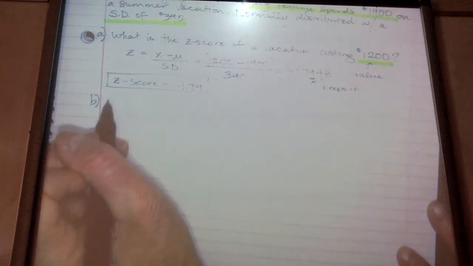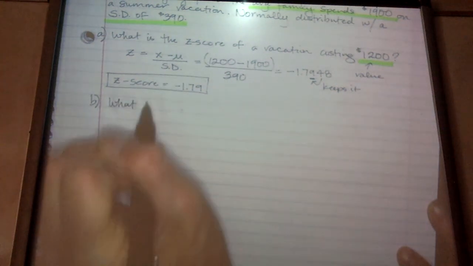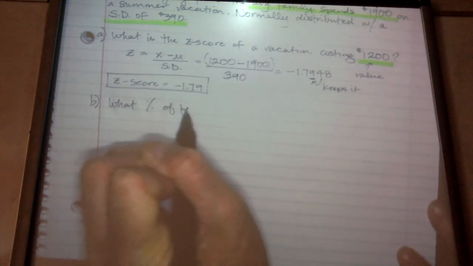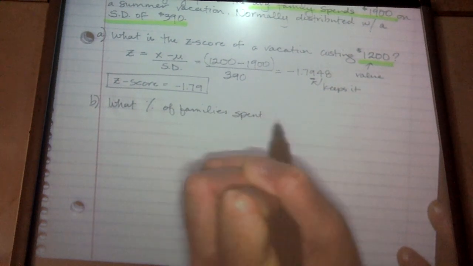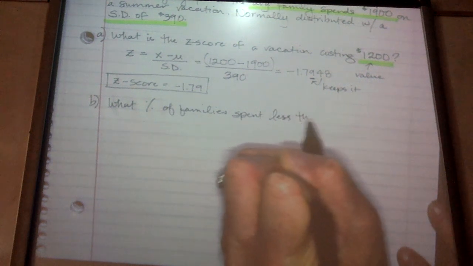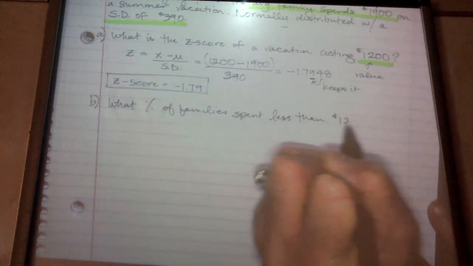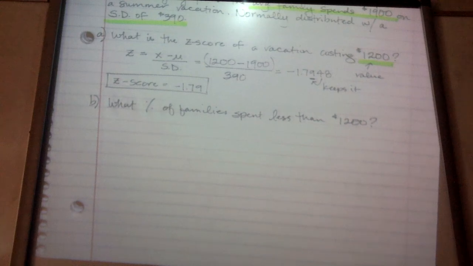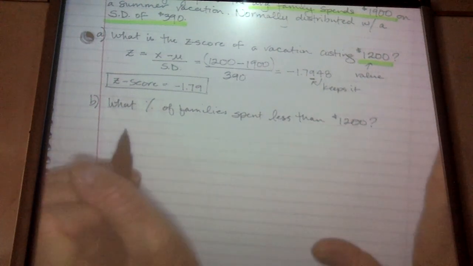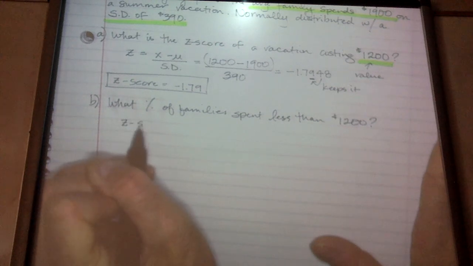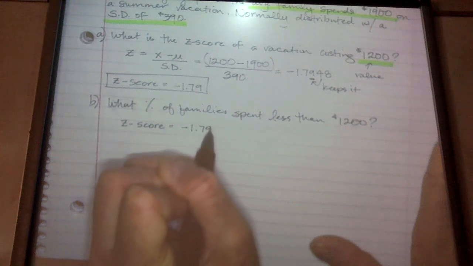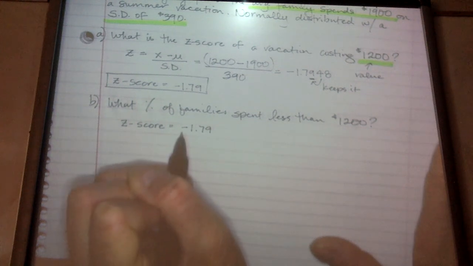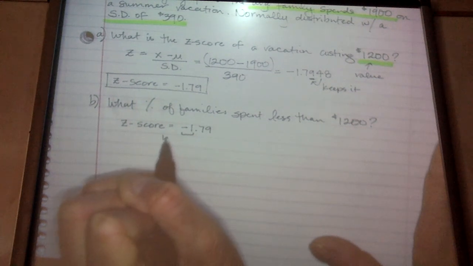So what percent of families spent less than $1,200? Okay, so we have to look up our z-score. We're going to take our z-score from above, which was negative 1.79. Now, the value on the left is the left-hand side of your table.